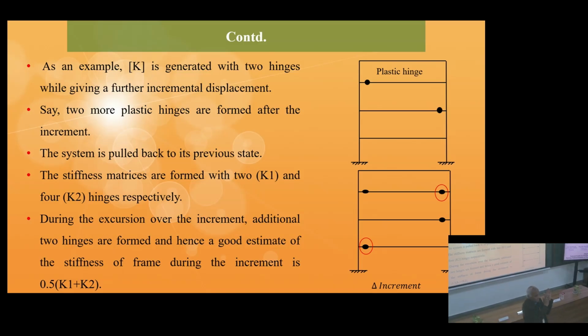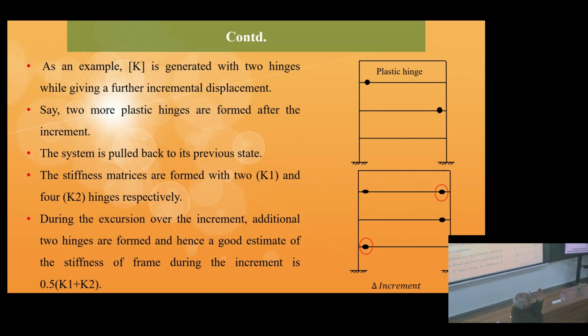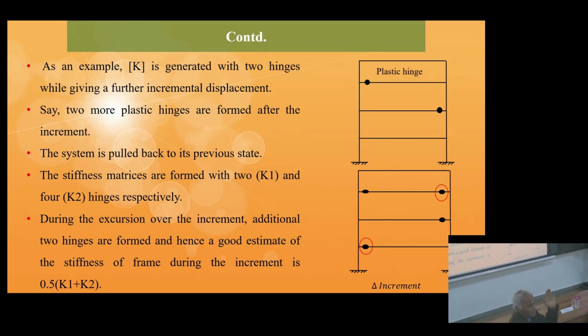So at this stage, it has taken MP values at these two places, MP values. Okay. Now I am pushing a little bit. During this push, these two ends cannot take any moment. It will stay at MP.